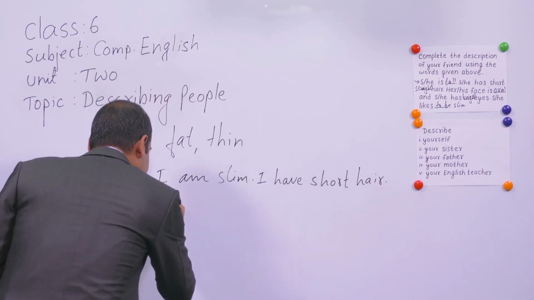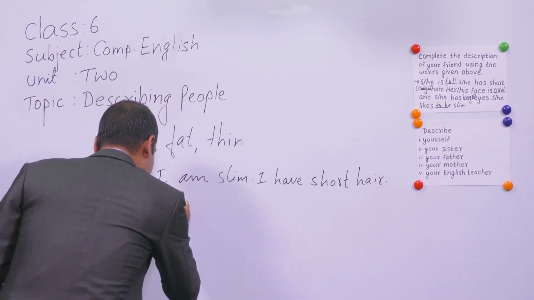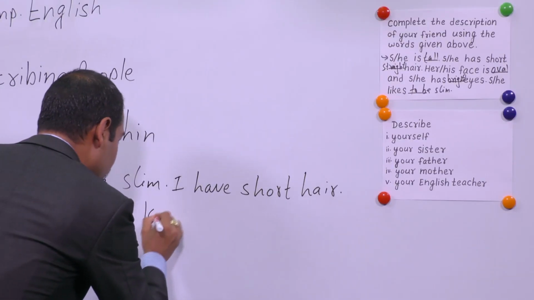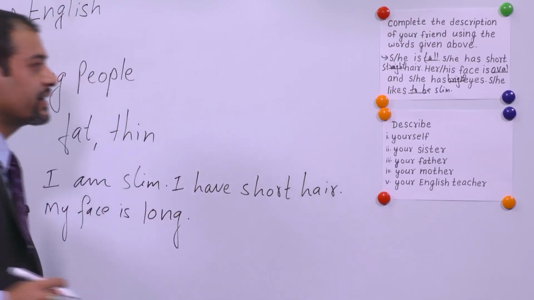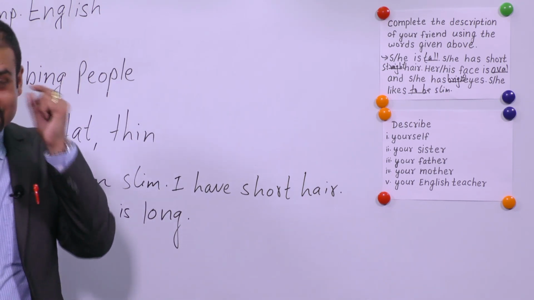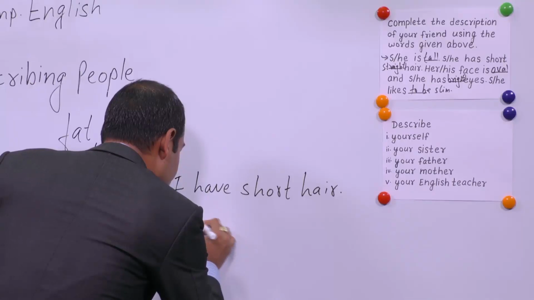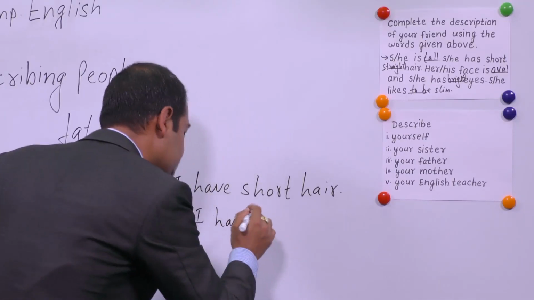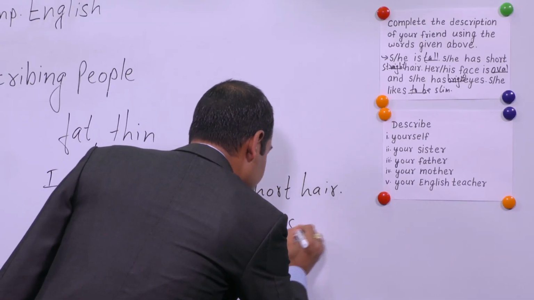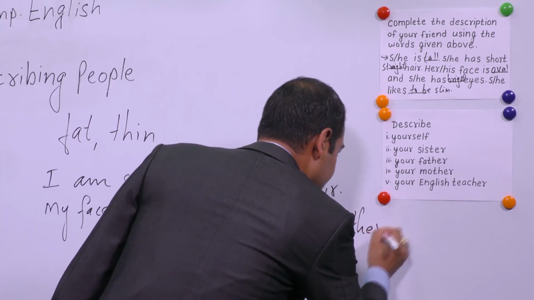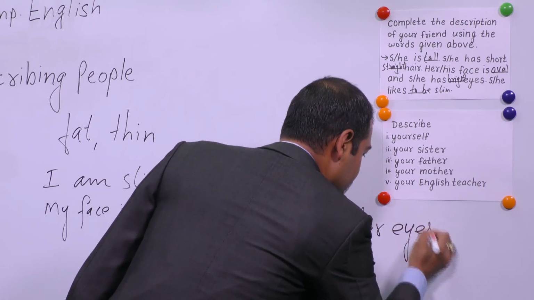So you can write, my face is long, okay? Then what type of eyes do I have? You can say, I have close together eyes, C-L-O-S-E, T-O-G-E-T-H-E-R, close together eyes.